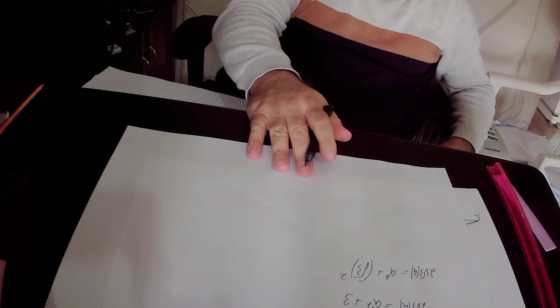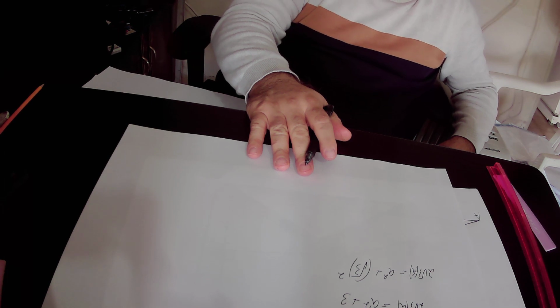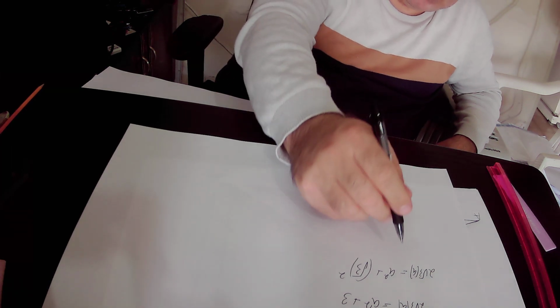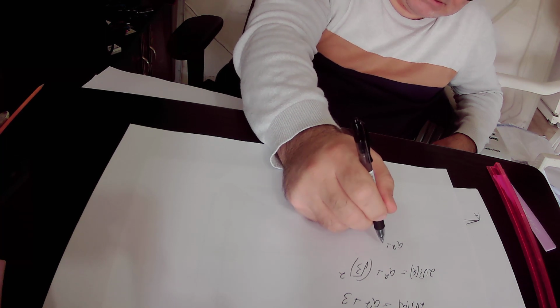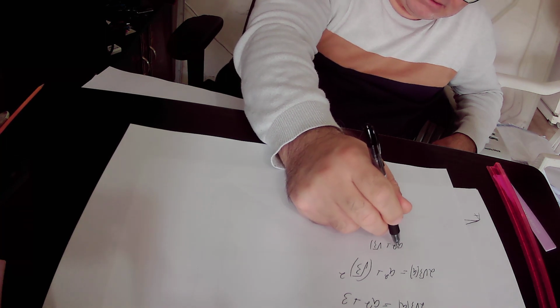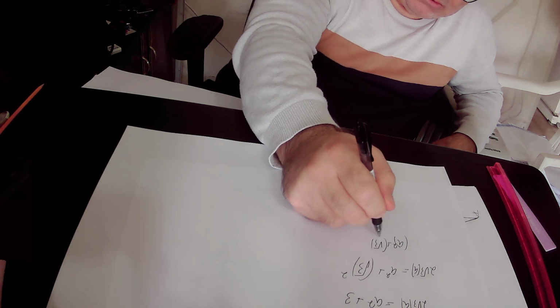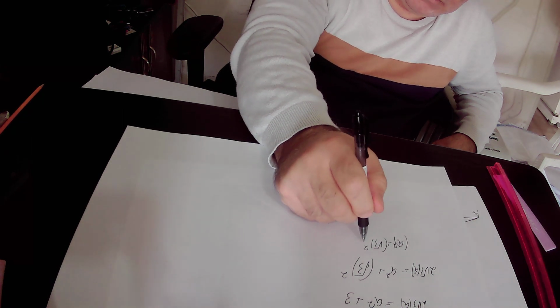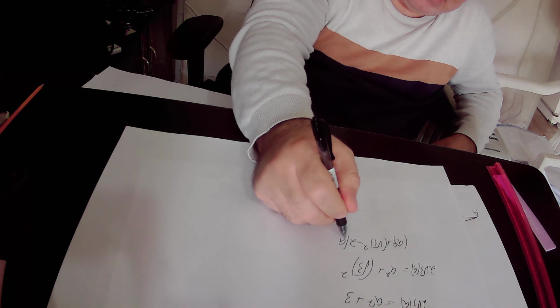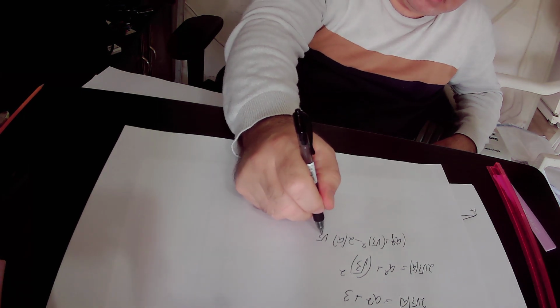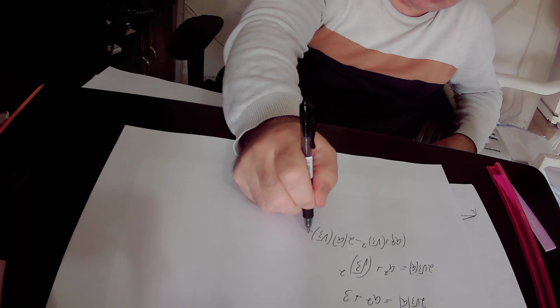So here we will subtract 2 times square root of 3 times a from this equation, and we will get that a squared plus square root of 3 squared minus 2 times a times square root of 3 equals to 0.